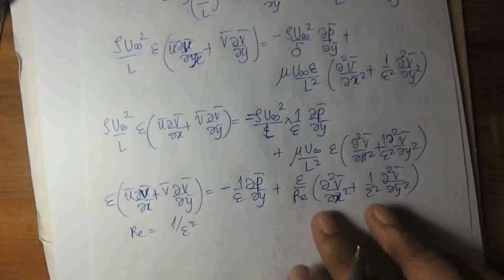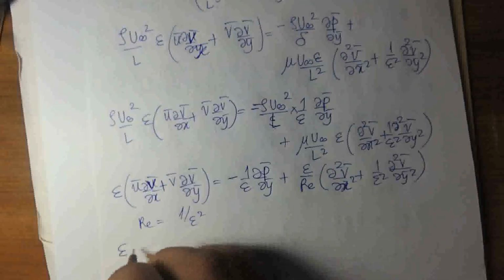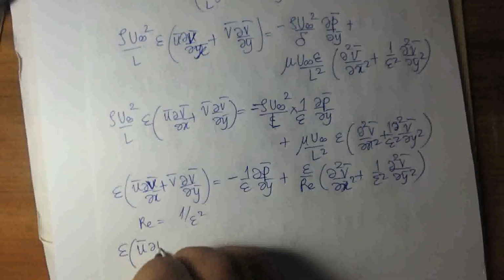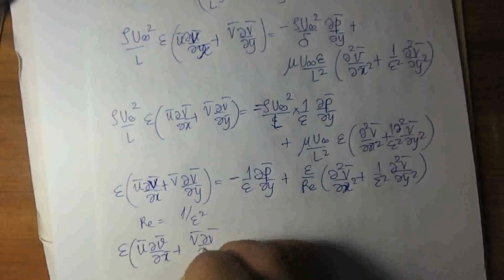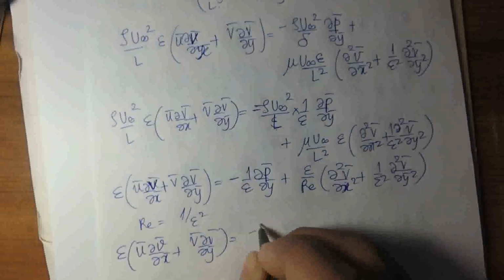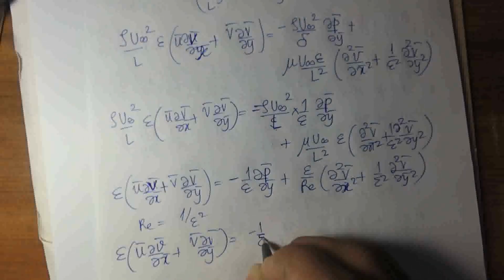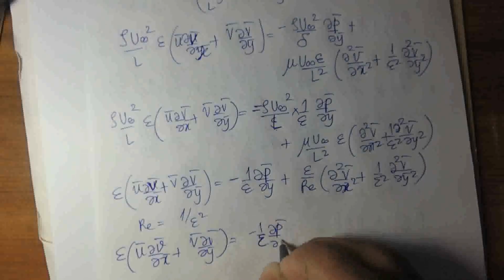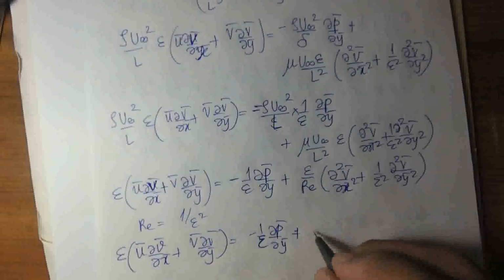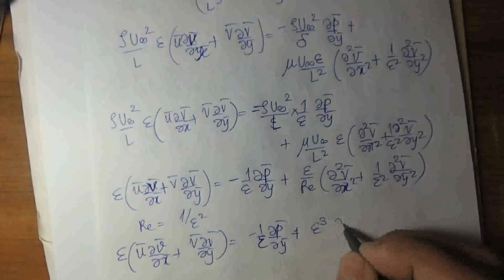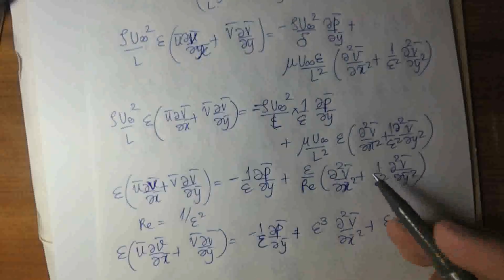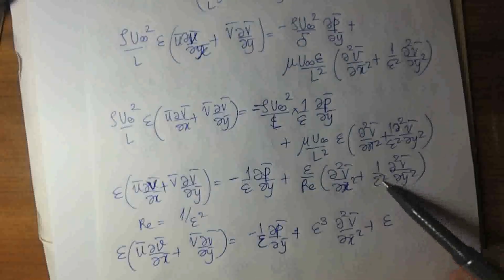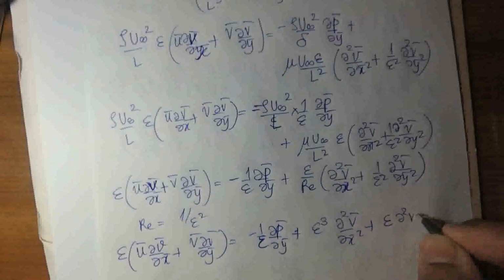And thus that allows us to write the following. Epsilon cubed del 2 v bar by del x bar 2 plus epsilon, because epsilon cubed and epsilon square will give us one epsilon over here.